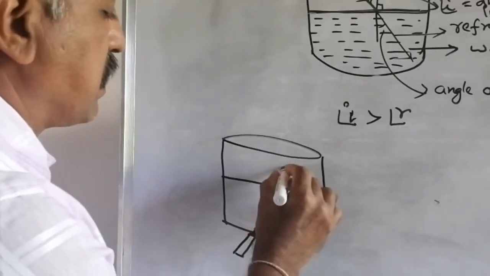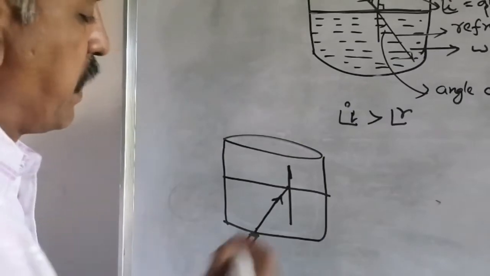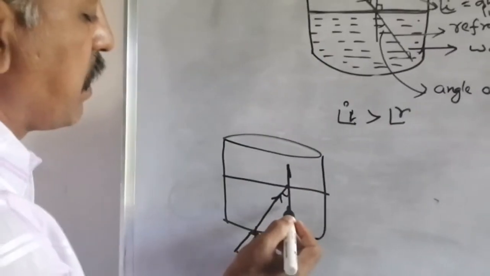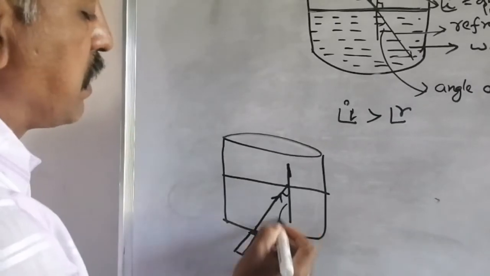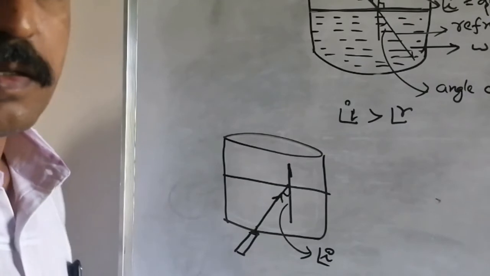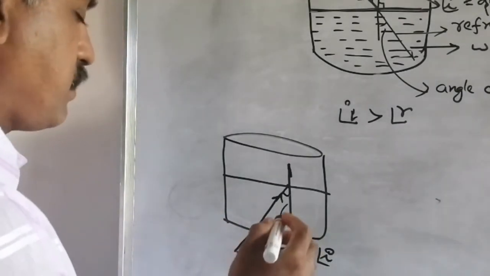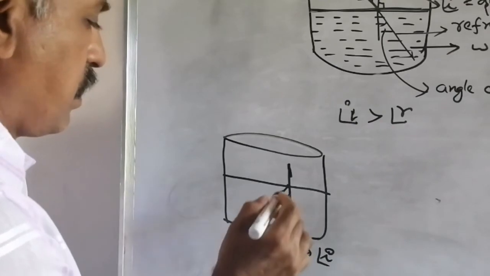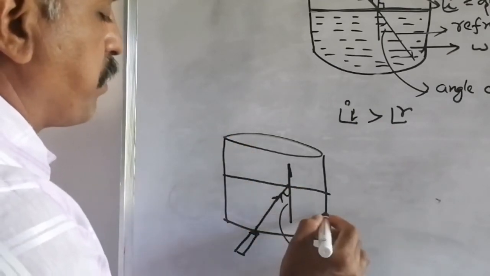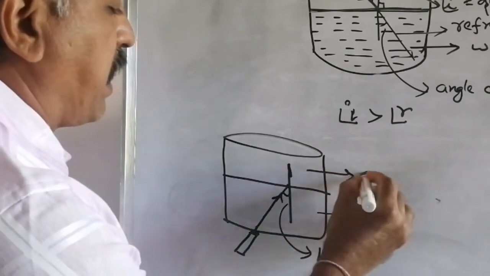At this point we draw a normal. The angle between the incident ray and the normal is called the angle of incidence. Now the light is moving from water to air.